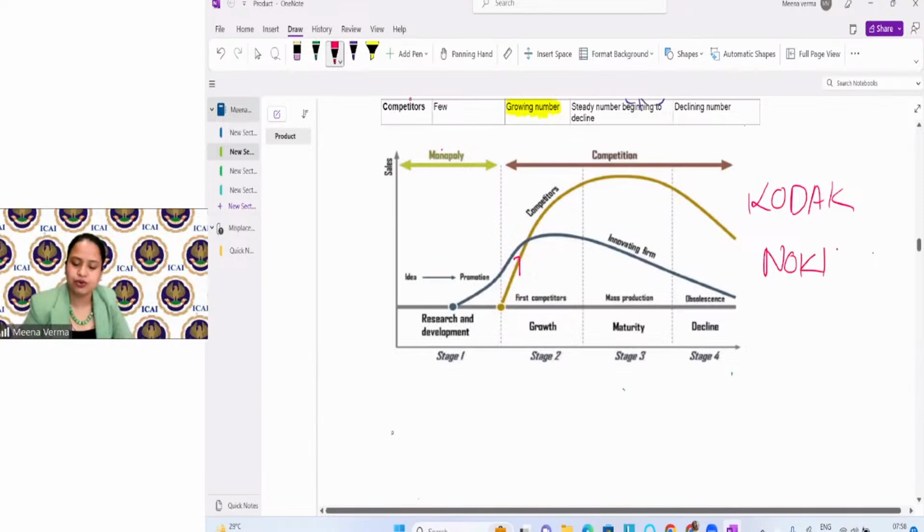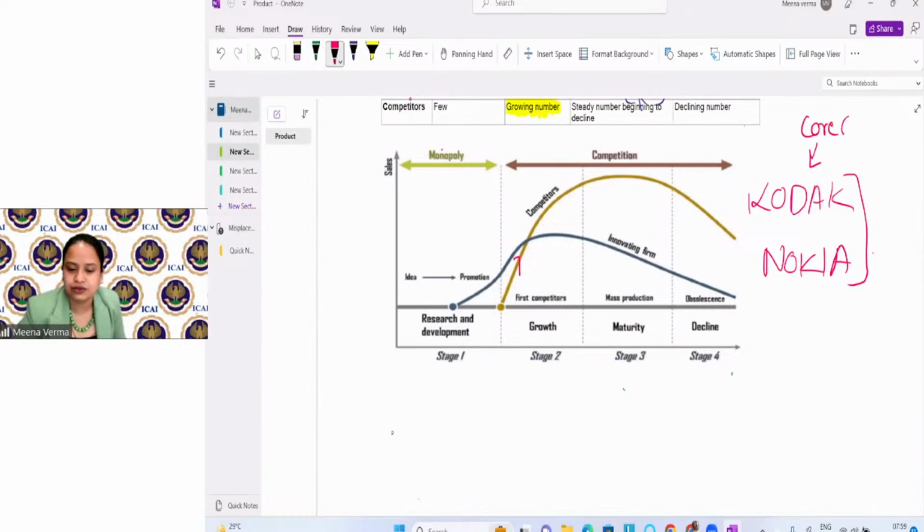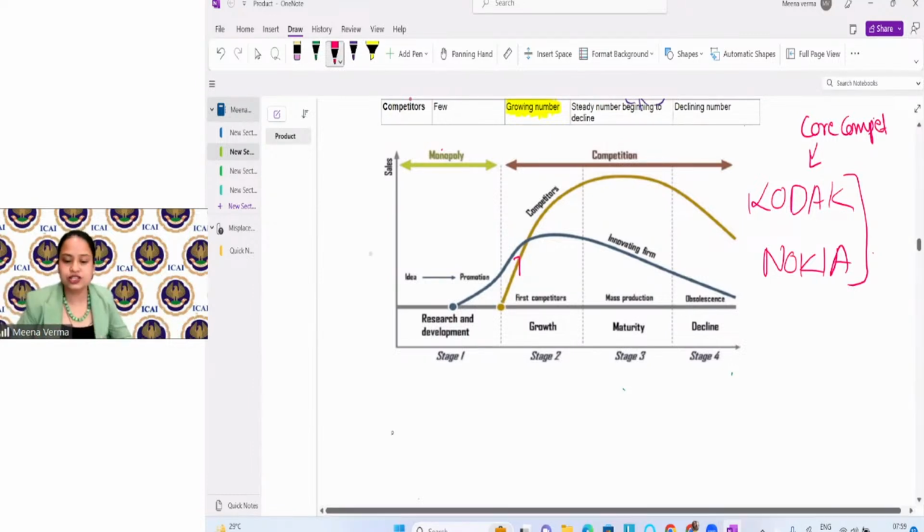I hope you all know about these brands. So we have learned in the first chapter also that Kodak and Nokia lost their core competency. What was the core competency? When the end use of the product was finished, a new product was introduced in the market. So instead of Kodak, the iPhone or a smartphone was introduced.